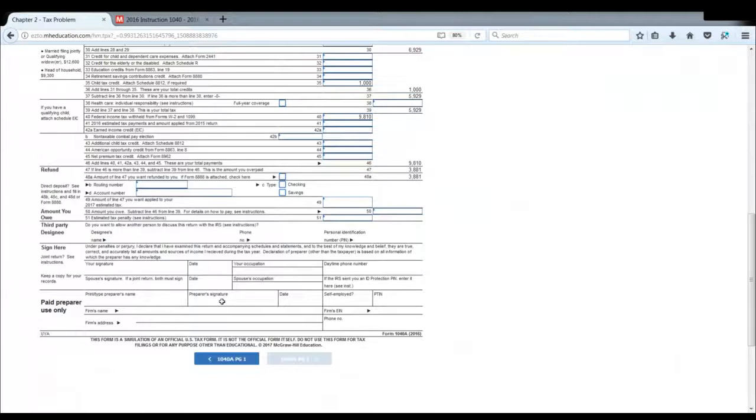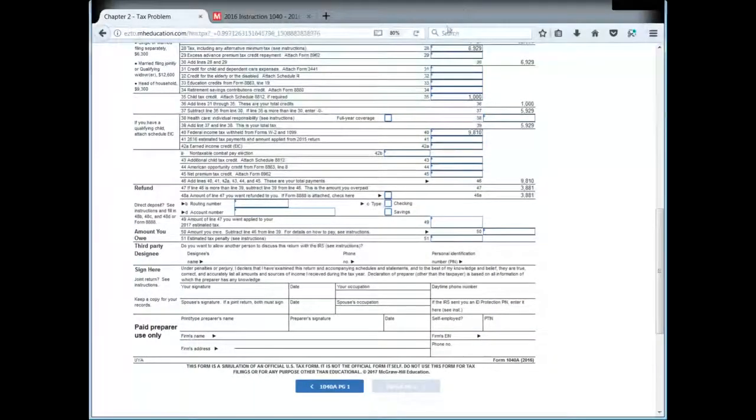And the firm's name will be there electronically. It will automatically populate your firm's address, your firm's EIN, right? So employer identification numbers. So a lot of these are things that are just auto-populating.